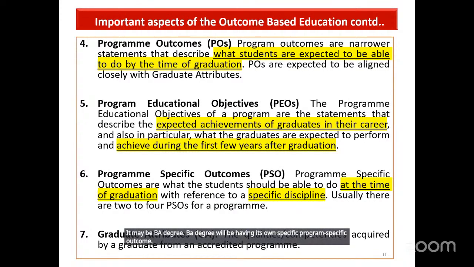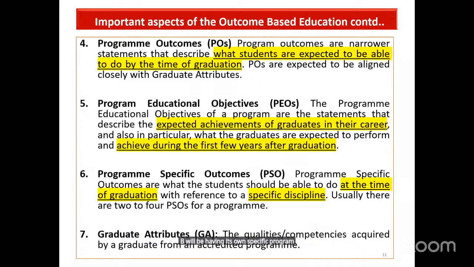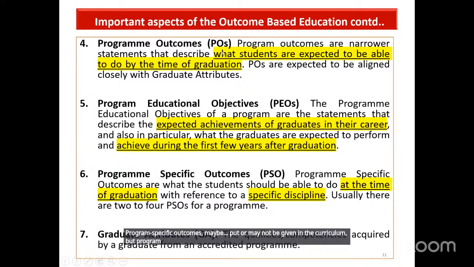BE will have its own specific program outcome. BSc will be like this. So program specific outcomes and program outcomes are different. Program specific outcomes may or may not be given in the curriculum, but program outcomes are compulsorily to be prescribed for any program, for any bachelor's or master's degree program.